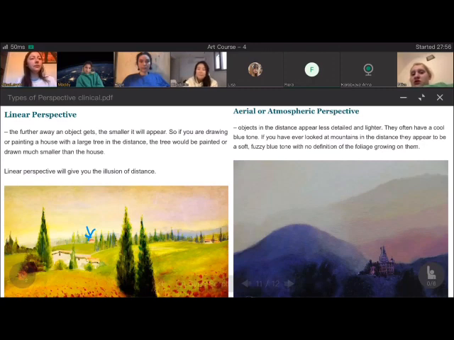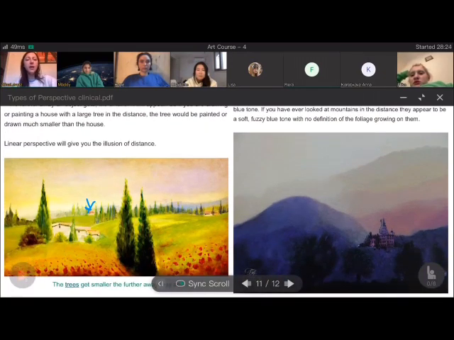Basically, because of the air and the light, certain particles become distorted to a human eye. So you take color in a different way. And the green becomes a little bit blue. It turns into a blue tone. They have usually a cooler tone, which is blue. So if you ever looked at the mountains in the distance, they appear soft, fuzzy, blue, just like on this painting on the right.